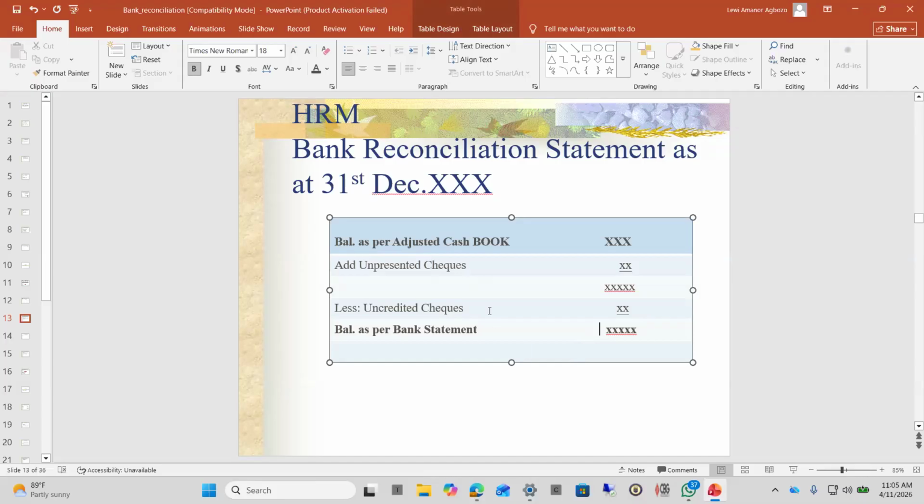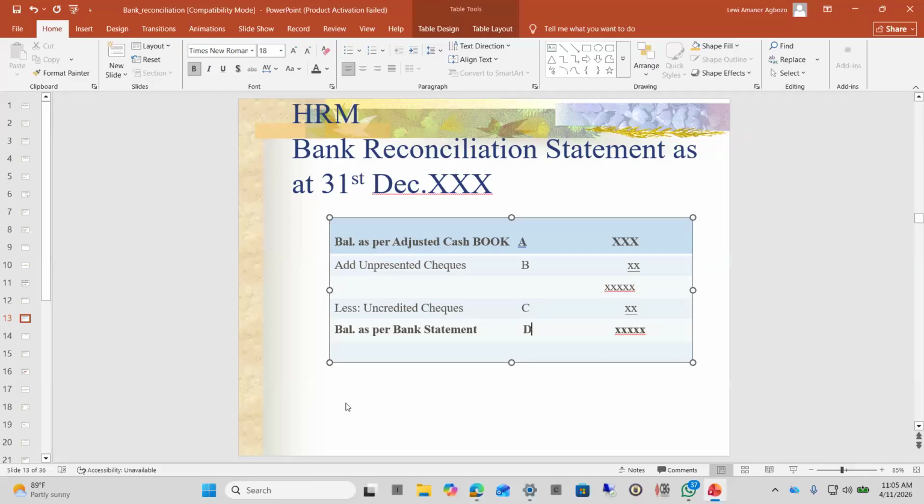You see, what we are saying is, assuming this is A, and this is B, and this is C, then this is D. So the format is giving us A plus B minus C equals D. Is that not it? Yes. So I'm saying turn it upside down and see what you can also get. So, sir, the first one will be balance as per bank statement.